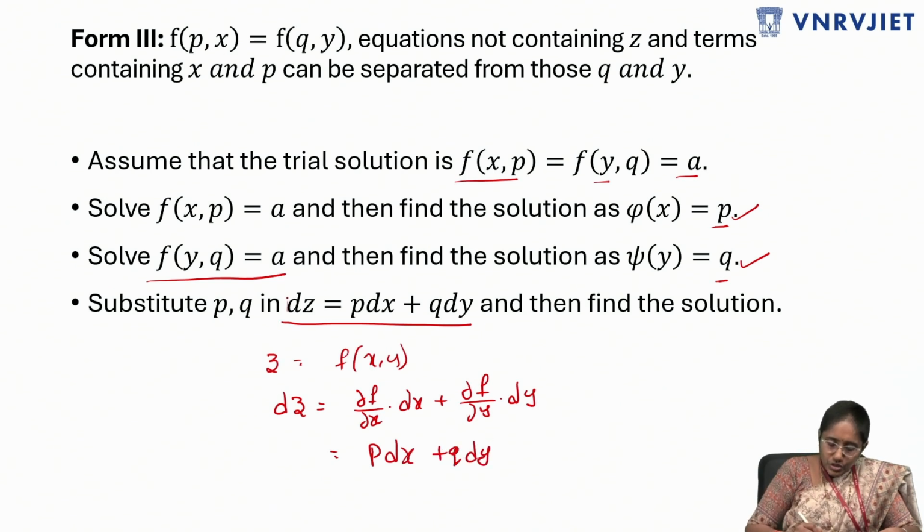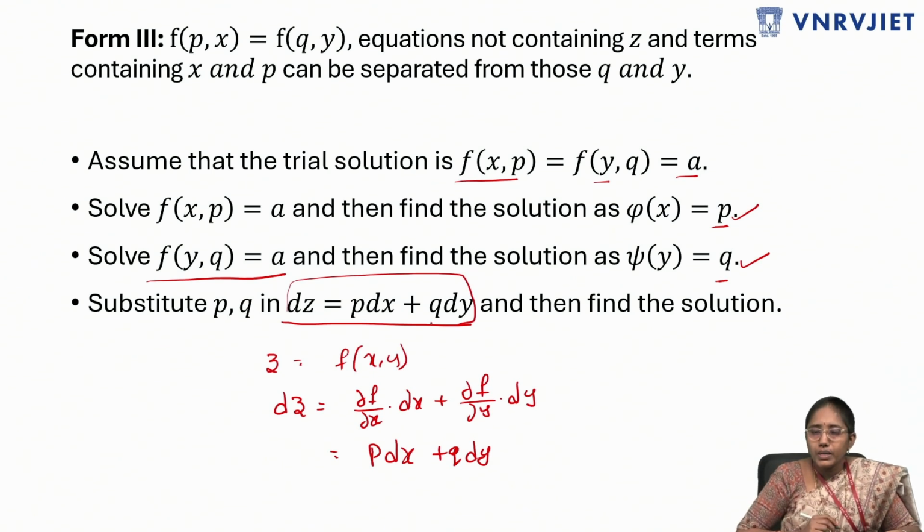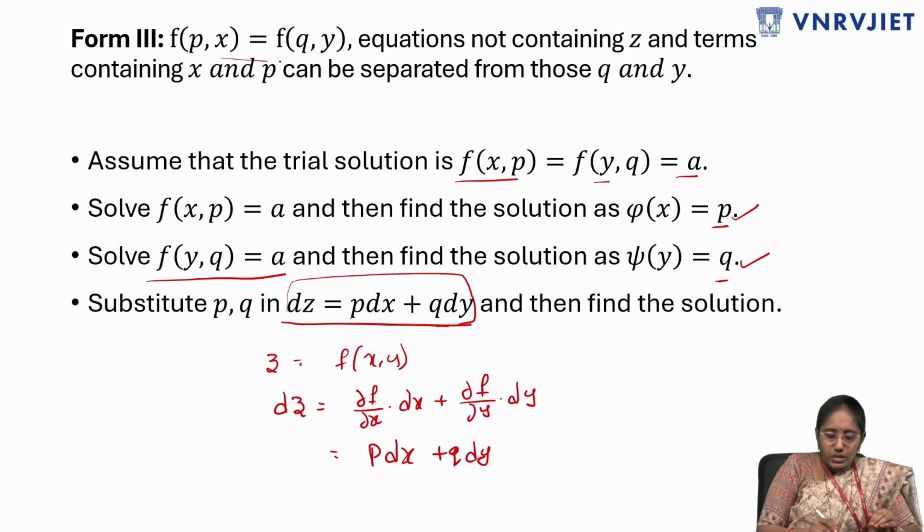That's why we substitute the p and q values in dz is equal to p dx plus q dy, where p is a function of x and q is a function of y. Then it is easy to find the z value just by integrating this equation. That is the procedure when the given equation is in this form.